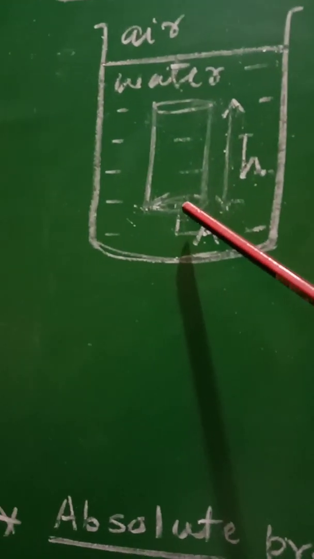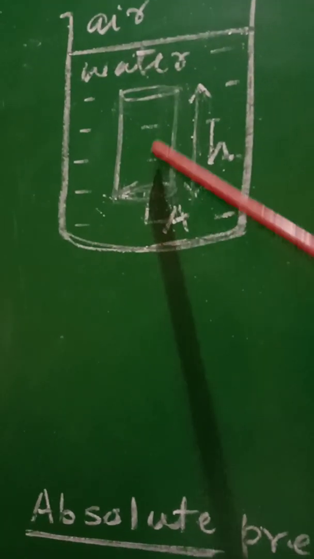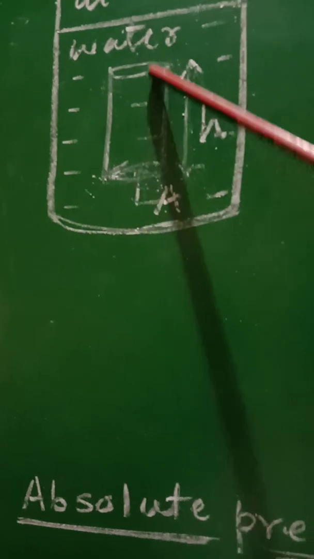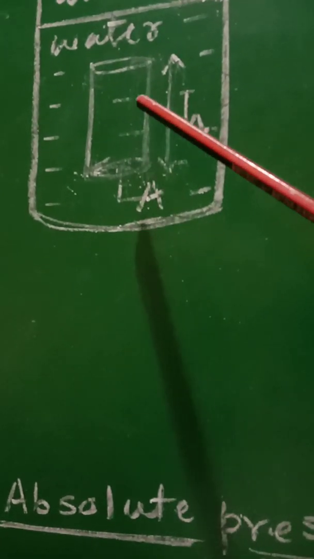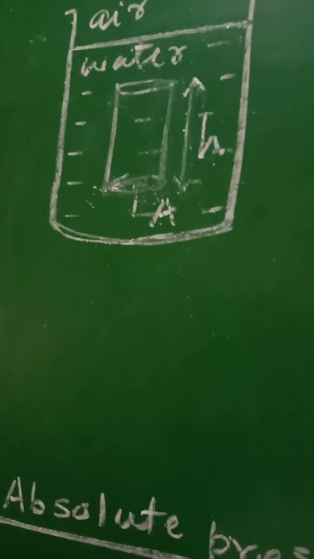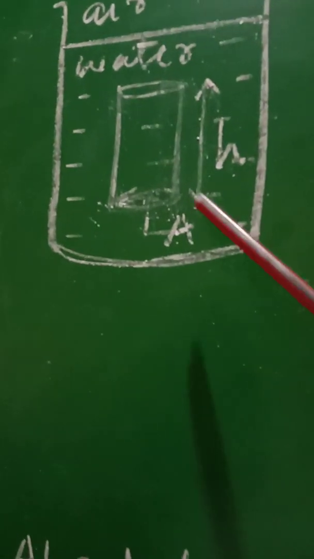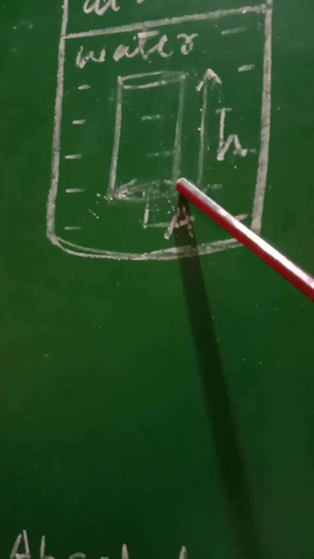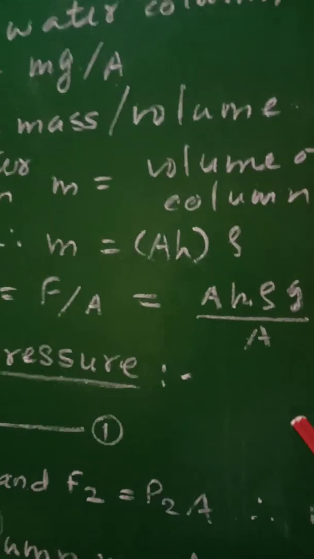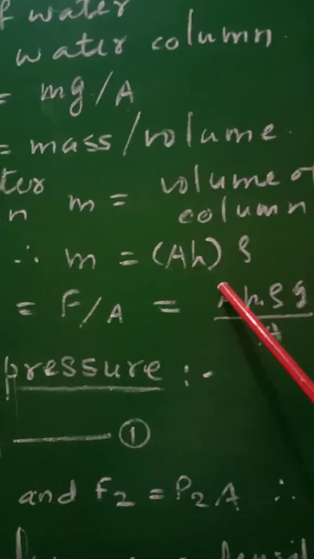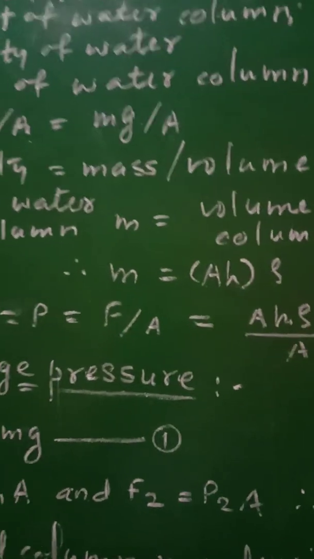Now what is actually that AH? AH will represent the volume of this cylindrical water column, because the volume of a cylinder formula is pi r square h. Pi r square is the area of cross section A, and h is its height, and therefore volume will be equal to A into h. Therefore M is equal to AH into rho.